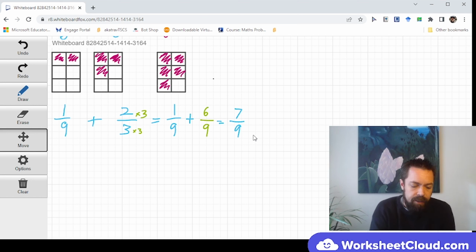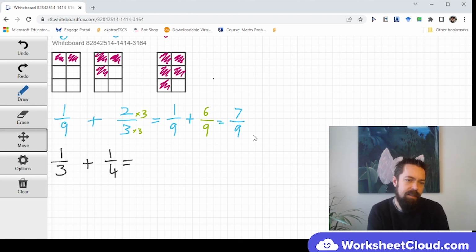Finally, we get ones like this. 1 over, let's go with 3 plus 1 over 4. All right, now these two, I can't make one of them into the other. So I've got to look for a number that both of them fit into. Now, you might be good enough at maths that you recognize that the answer is going to be 12 straight away without even doing any workings.